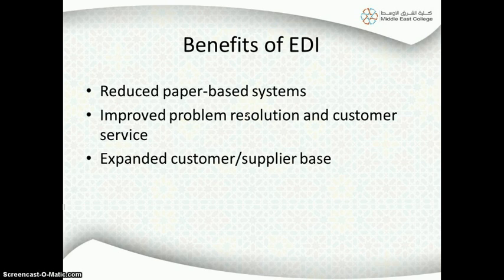An example of problem resolution and customer service facilitated by EDI is the vendor stock replenishment initiated by retailers such as Walmart. This program requires that vendors maintain appropriate inventory levels in all stores. With vendor stock replenishment, stores do not run out of product while suppliers or distributors wait for a purchase order from the headquarters.